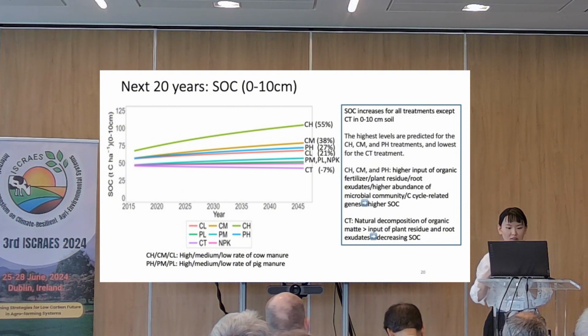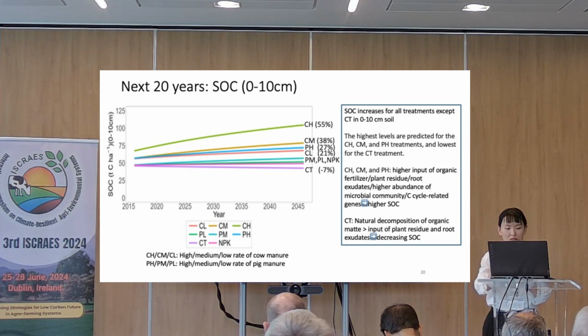The reason is that natural decomposition of organic matter is already larger than the input of plant residues and root residues, so SOC just decreases. But for the other manure application sites, all the soil carbon increases.